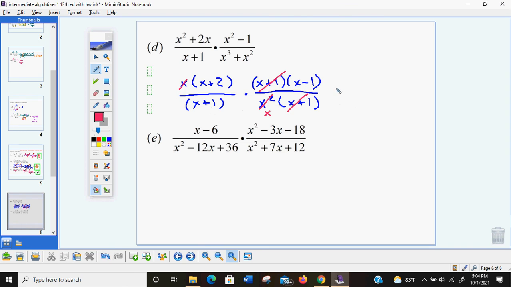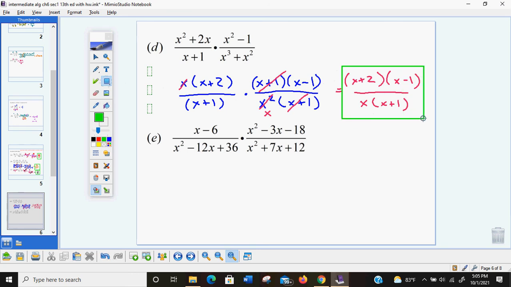So on top, we're left with an x plus 2 and an x minus 1. On bottom, we're left with an x and an x plus 1. And even though that is a large answer, that's all you can do with it.